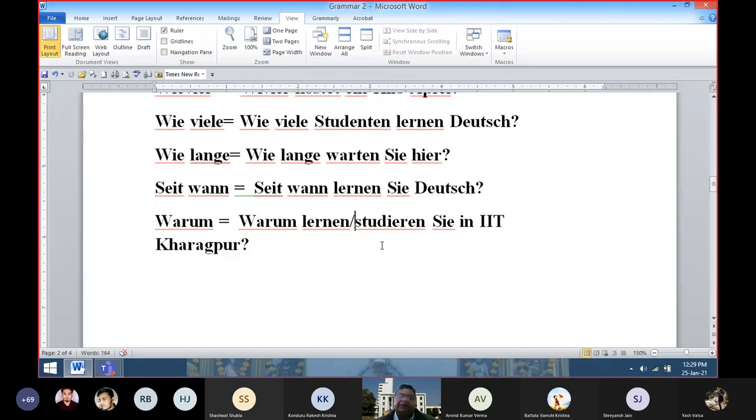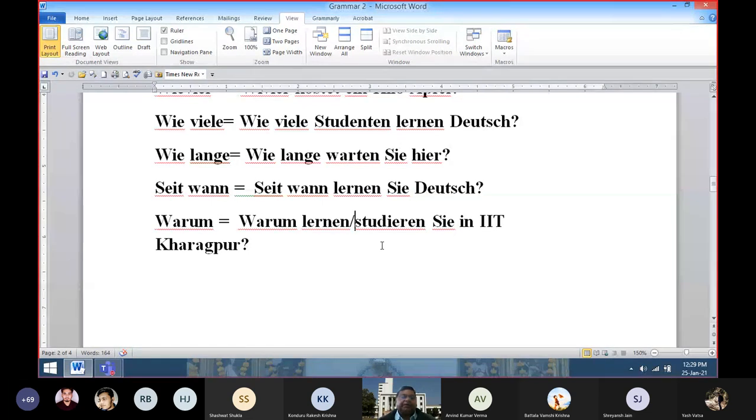One can say: Ich fahre nach Deutschland. Like I am planning to go to Germany, or I'm planning to go for further study, or I want to learn a foreign language. So there might be several reasons to tell. Whenever the word warum is used, you have to tell some grounds and reason.